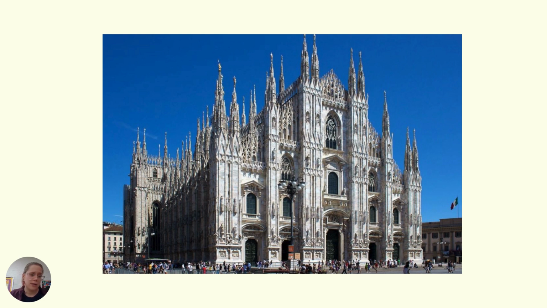Moving forward in history quite some time, the style changed from classical architecture in Europe to a Gothic style. Gothic typically has these pointy towers on the top of it and is very overly decorated.